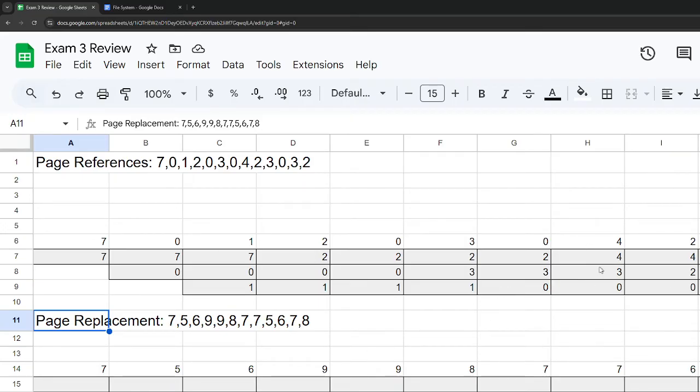Just think of it as a queue. Any more questions? Okay, it's all good. If there are any more questions, then I'll go over least recently used.